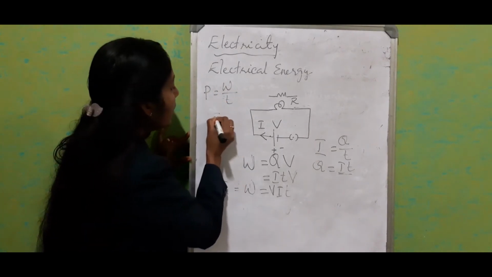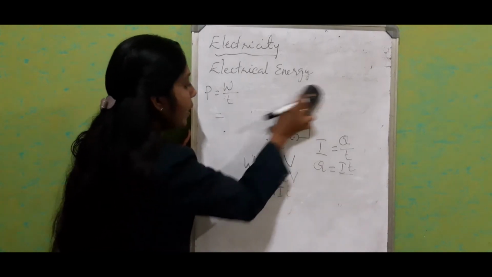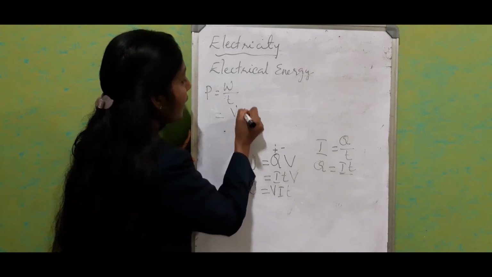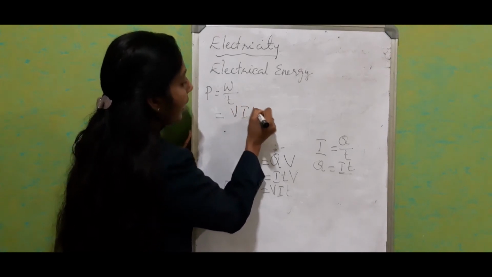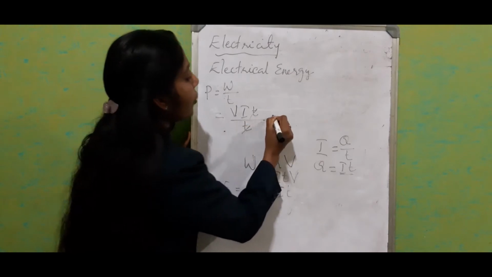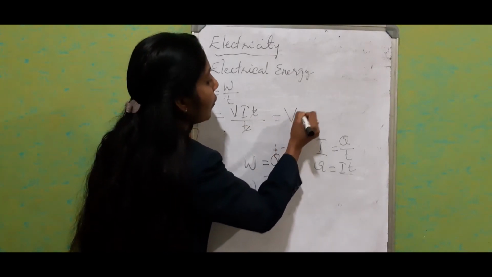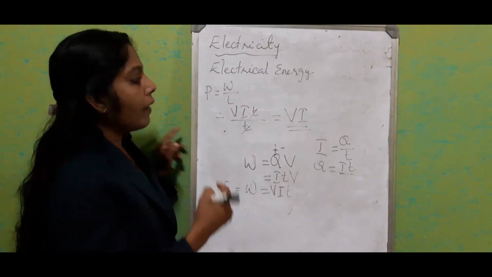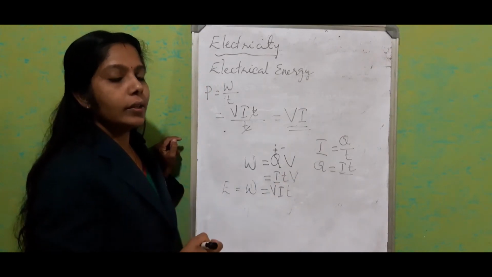What is work done? Work done is equal to VIT, again divided by T. So power is equal to voltage into current.